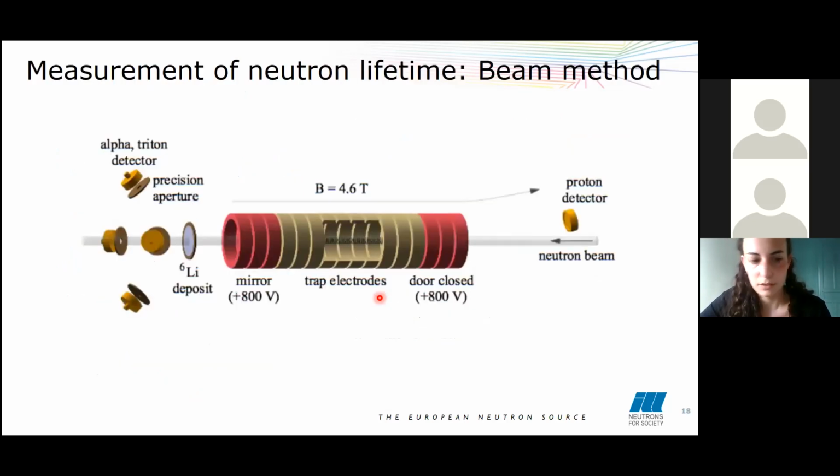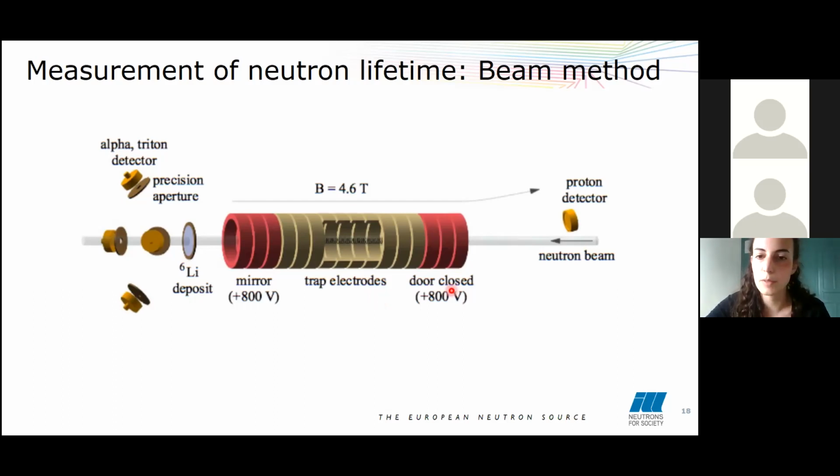The first method is called the beam method, which corresponds to observing the decay products of the beta decay of the neutron during a certain period of time and passing through an experimental apparatus. So in practice, there is a well-collimated beam of neutrons that passes through a decay volume, which is a proton trap composed of several electrodes.